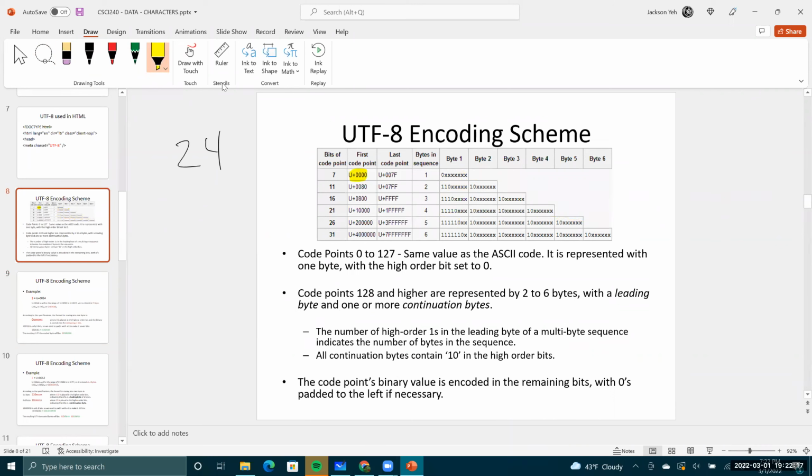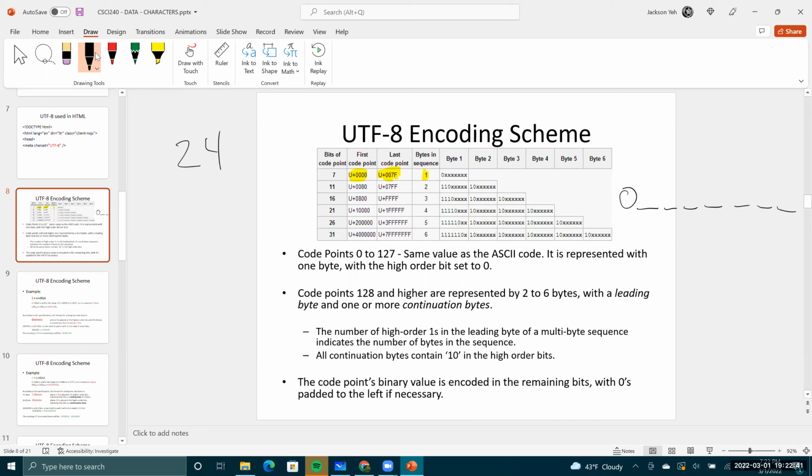And is 24 less than 7F? It is. So 24 is between 0 and 7F, so that means it takes exactly 1 byte. Because it takes 1 byte, I know that it's going to look like this. It'll be 0 followed by 1, 2, 3, 4, 5, 6, 7 bits.